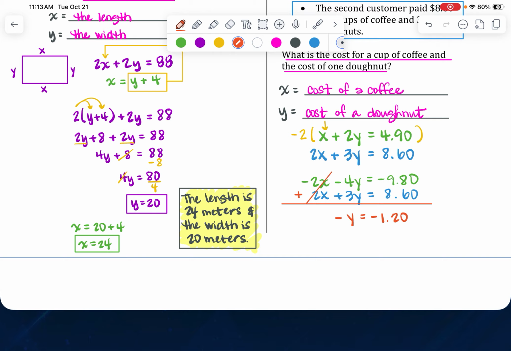All right. And then, of course, I'm not done because I have a negative multiplier on my y. So I need to divide by negative 1 to get that negative off. Which makes sense because my donuts aren't going to cost negative $1.20. Right, so that gives me $1.20 for y.